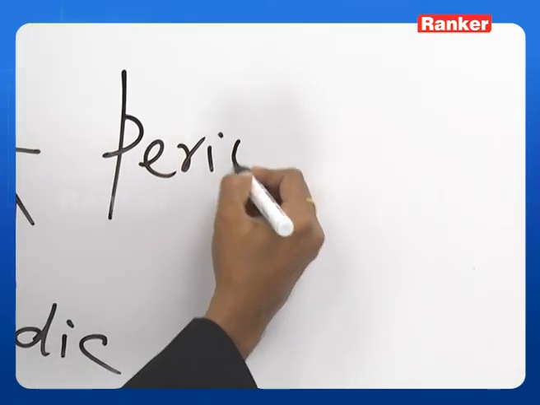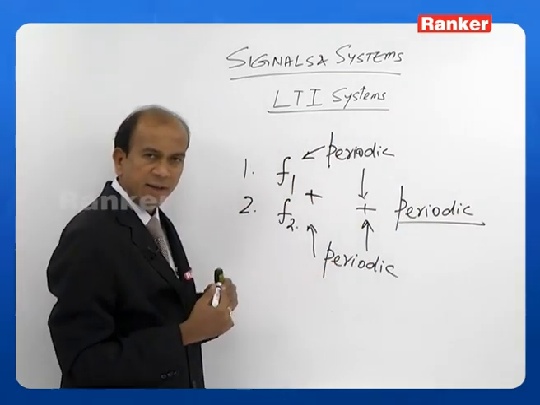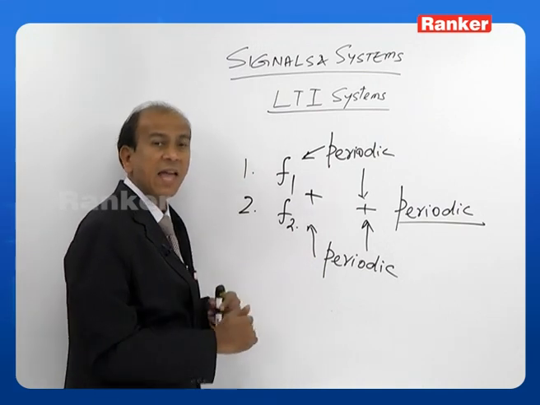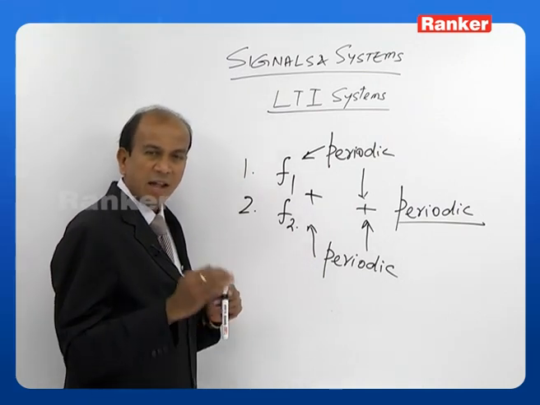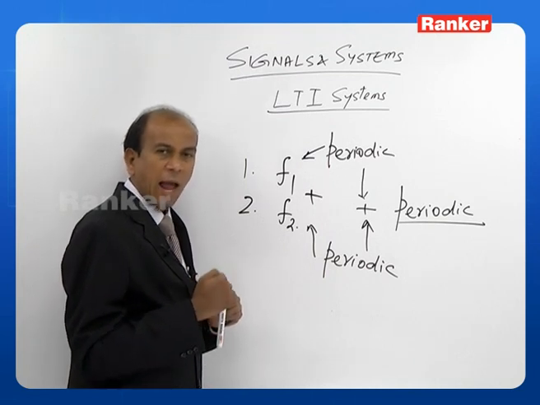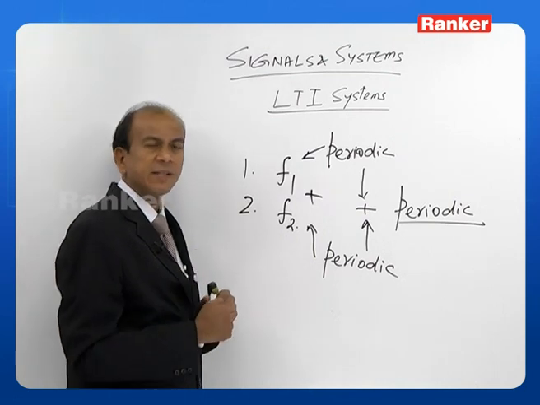Provided the ratio of the fundamental frequencies of these two periodic signals is a rational number. Unless this condition is satisfied, we cannot tell anything about the periodicity of the sum of two periodic signals.